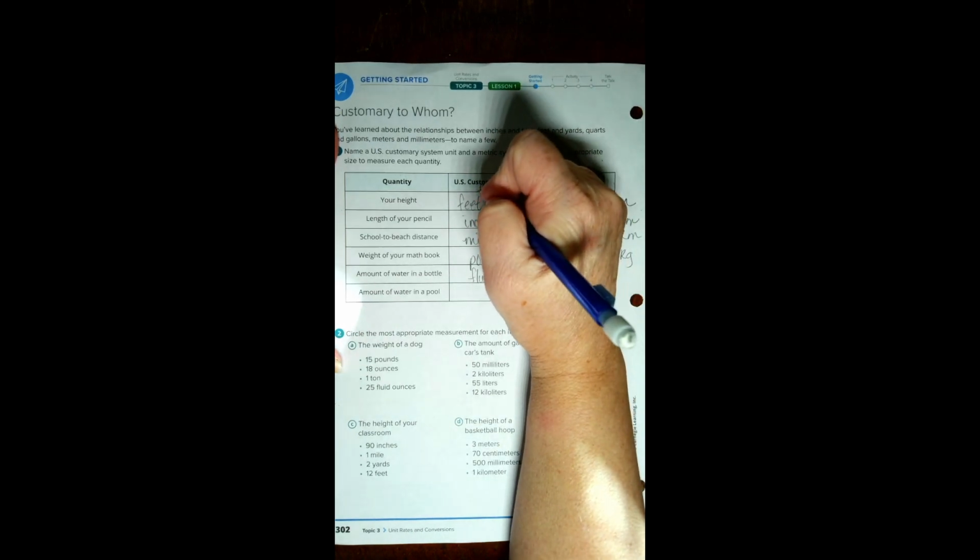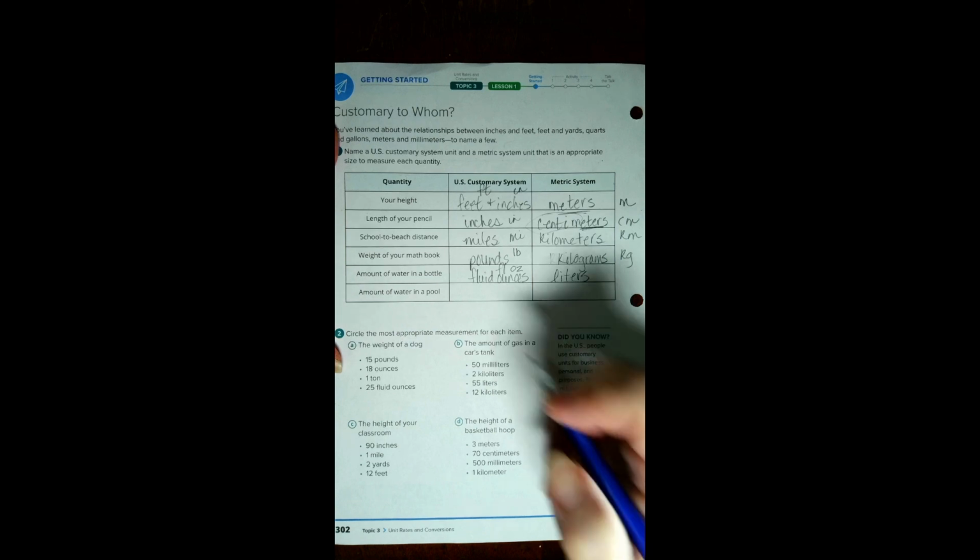You guys know these ones. Fluid, FL. Okay, and then amount of water in a pool. That's measured in gallons. I know my pool has a little more than 20,000 gallons. And because it's a large amount, we would say kiloliters.